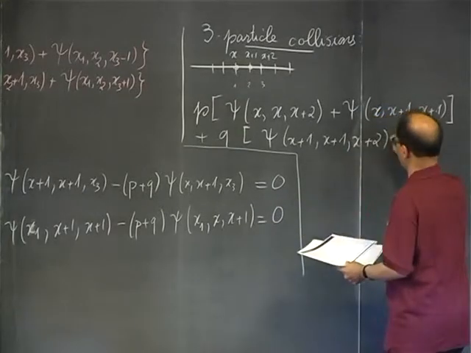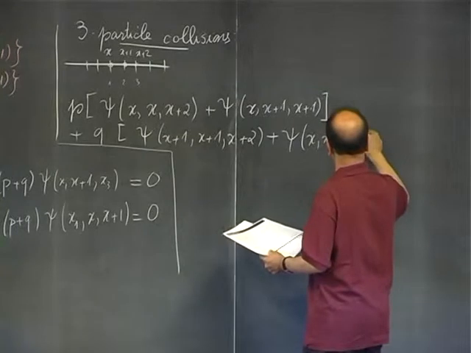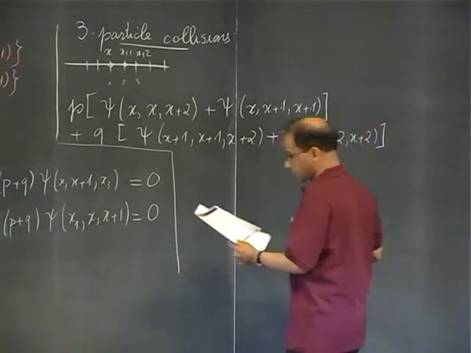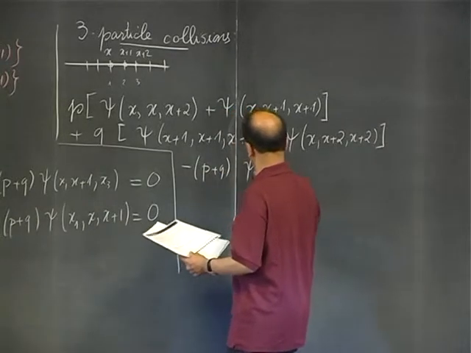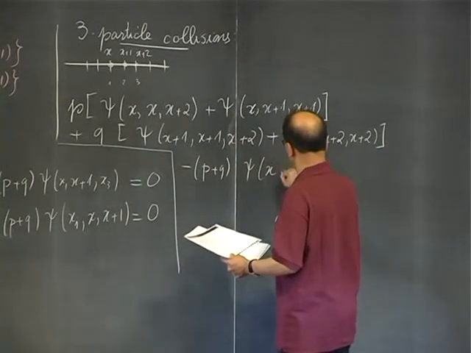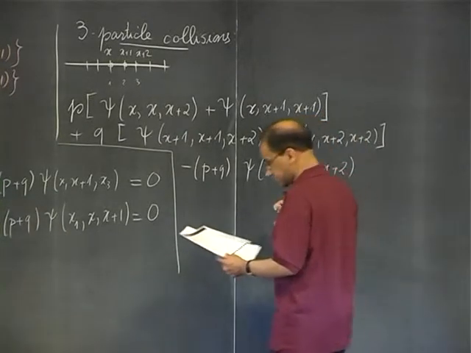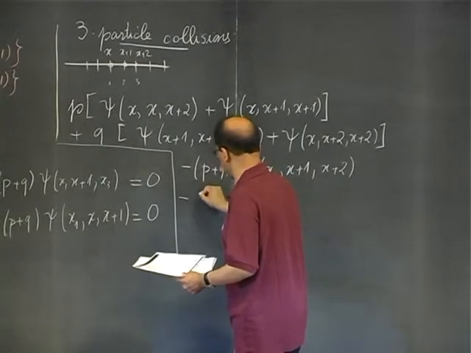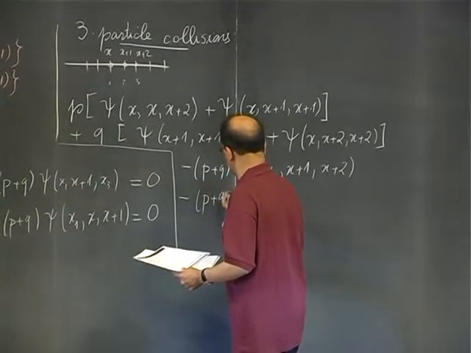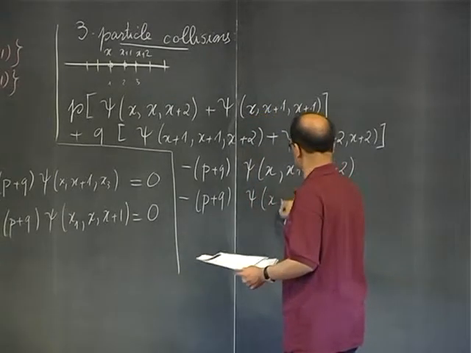Correct the mistakes if there is any. x plus 2, x plus 2, minus p plus q psi of x, x plus 1, x plus 2, minus p plus q. Okay, I wrote it twice. It's twice, but you'll see why. It's the same one, of course.